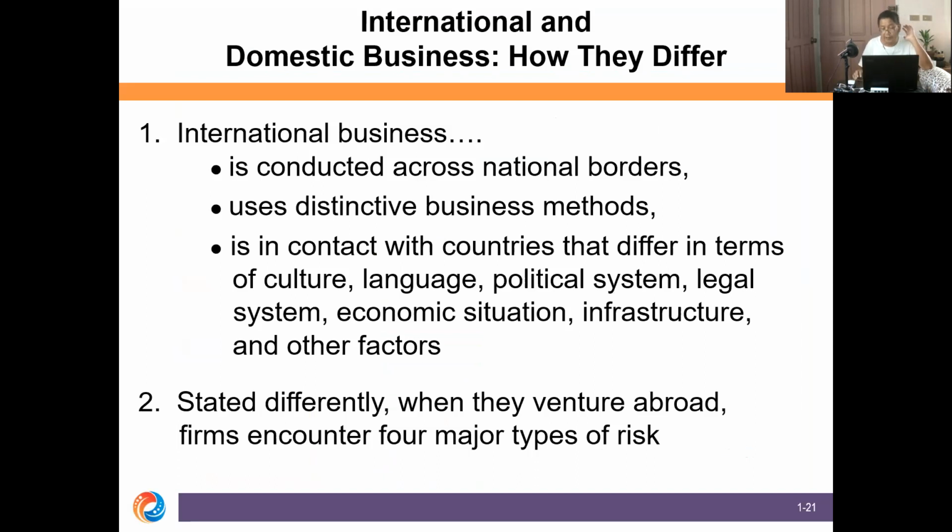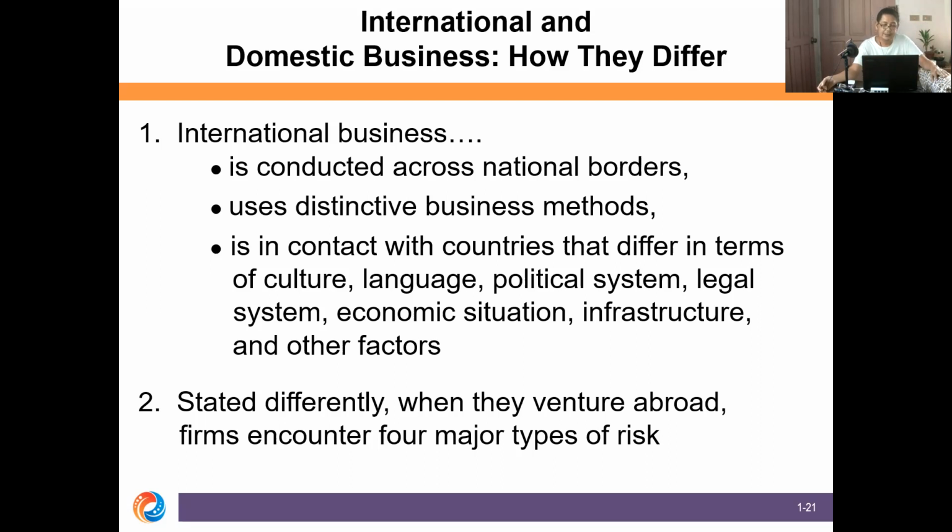Let's take a look at the difference between international and domestic business. Paano sila nagkaiba? Number one, ang international business, siyempre, in terms of location, it's conducted across, sa labas. Nakatawid na ng national borders, kaya across. And then, it uses distinctive business methods.